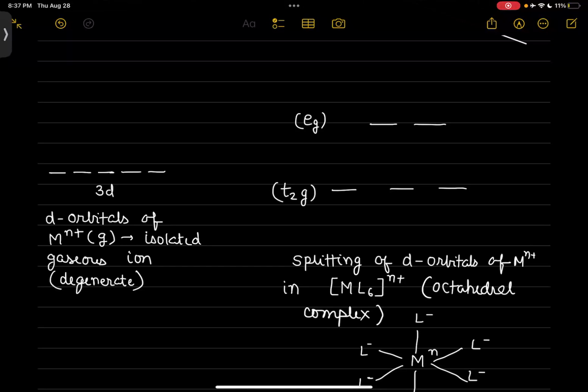What eg and t2g mean is not of any significance to us, because this is related to spectroscopy.